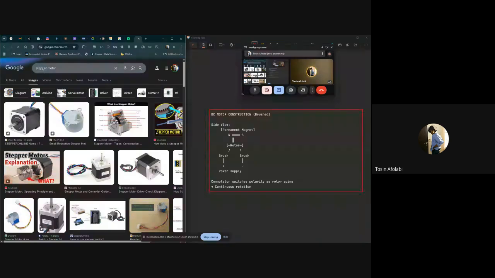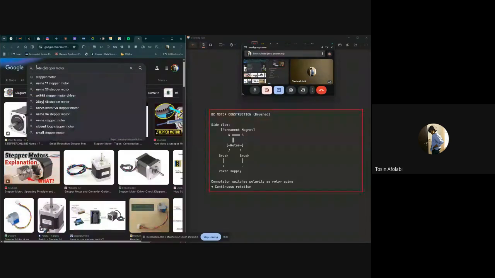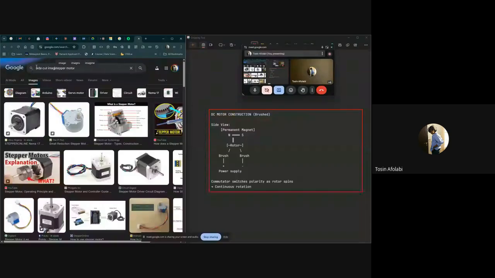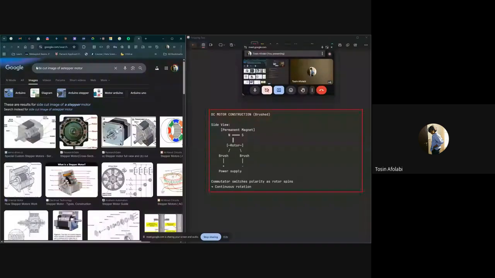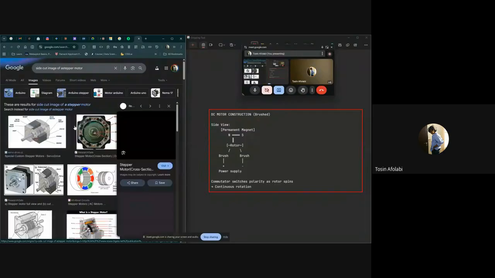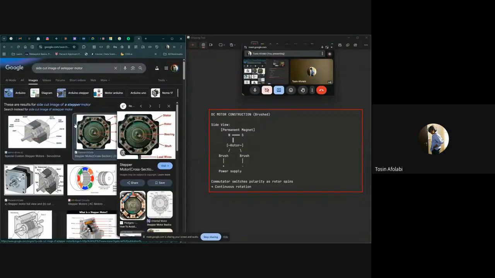I think I need a circuit image of the stepper. Okay, let's see. Okay, take this picture, this would do it.